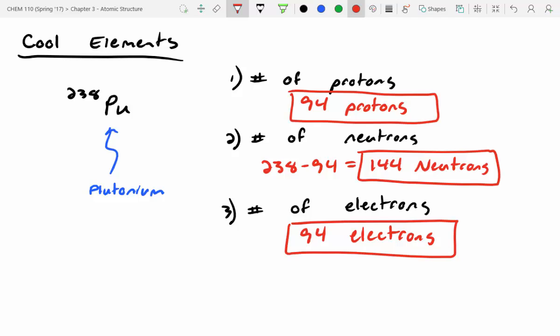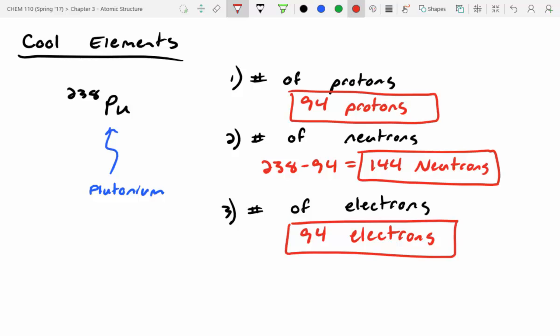Oftentimes, if you're in space, you can just throw up a solar panel and collect electricity. However, there are some situations where that's not enough. A good example is the Voyager probe that was sent out in 1970. The Voyager probe is so far away from our sun right now that it can't collect any meaningful amount of sunlight. It doesn't have enough solar energy to provide the power it needs to run its computers.